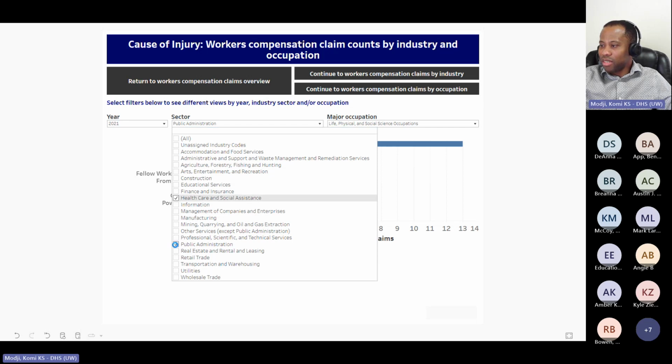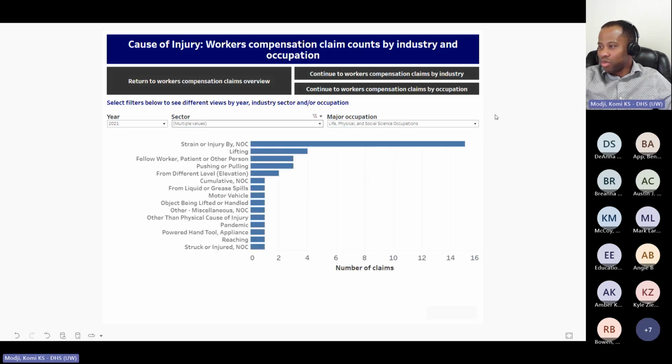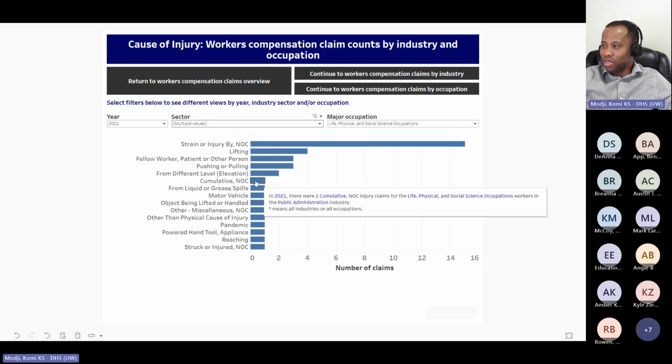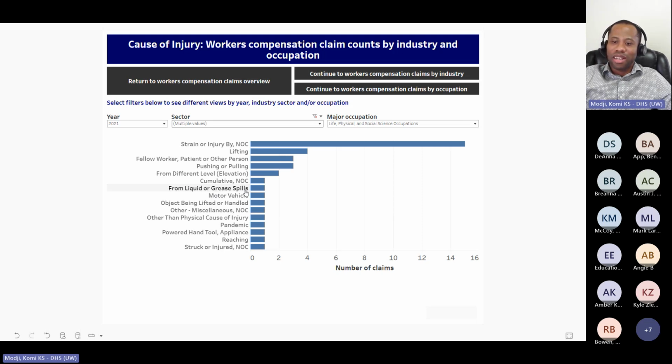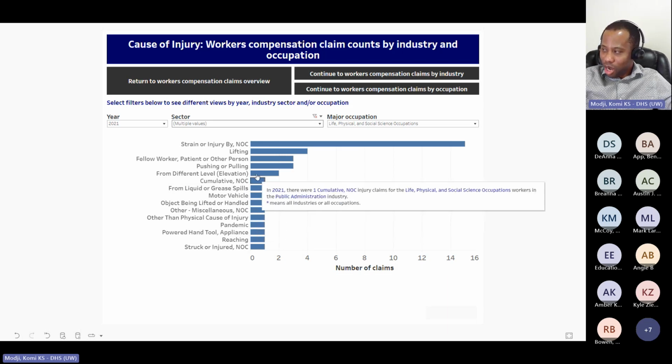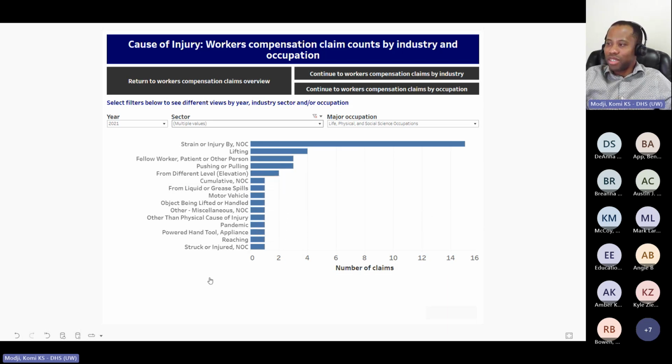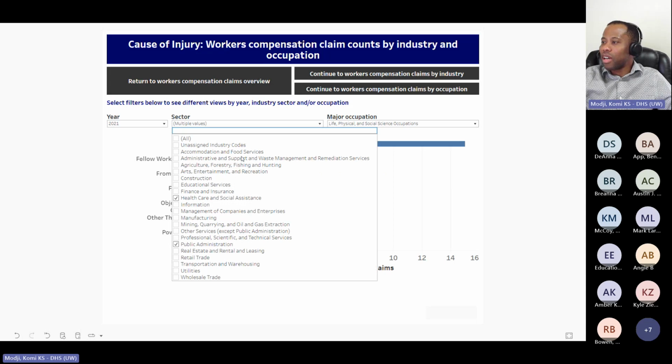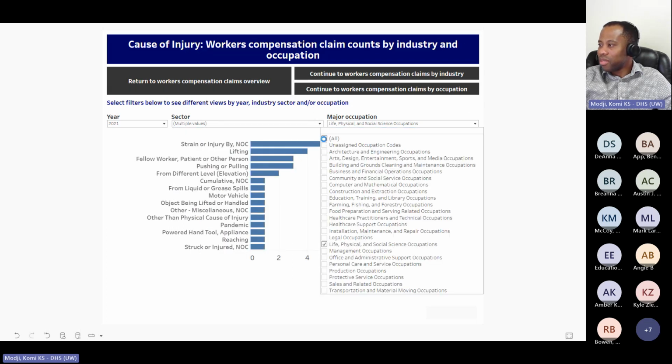Healthcare and social assistance is also one of the industries. And then you have this strain, lifting, again, the same from liquid and greasy spill, exactly like I saw in the chat. So these are the common causes of injuries among this specific occupation. And you can come and you can look at other industries and look at other occupations. This filter can allow multiple industries, multiple occupations.